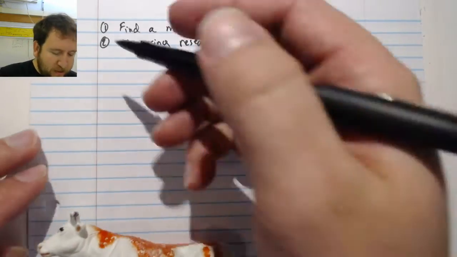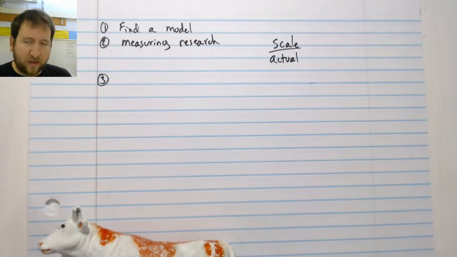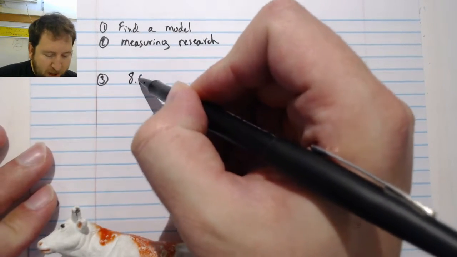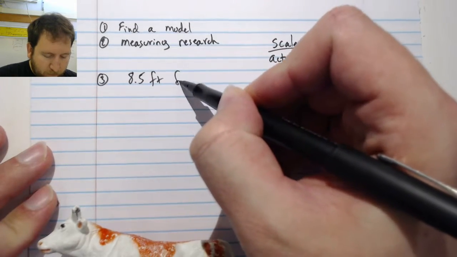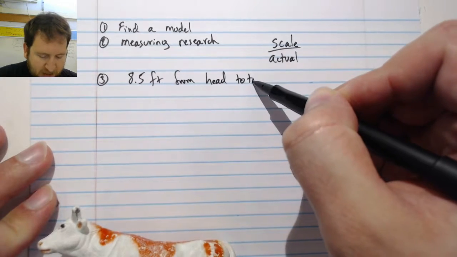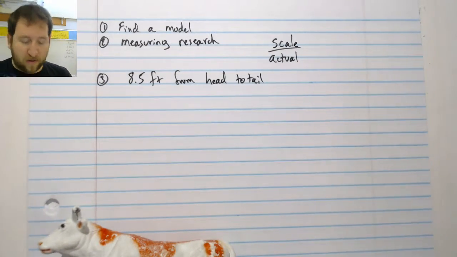So I did my research, and I learned that the length of a typical cow is 8.5 feet from head to tail. All right, so that gives me a starting point.